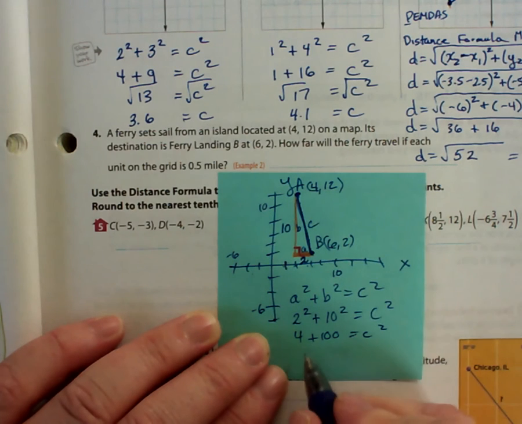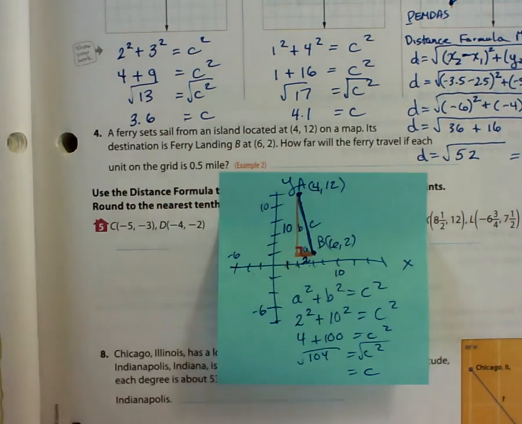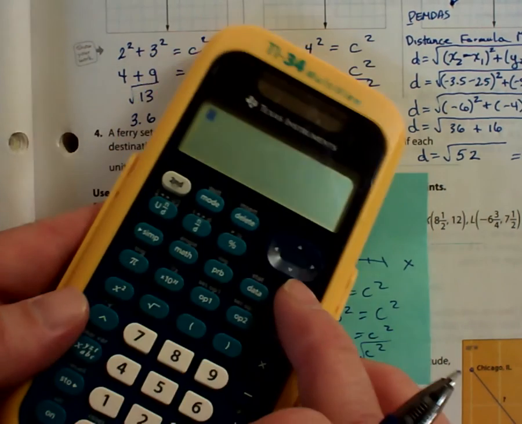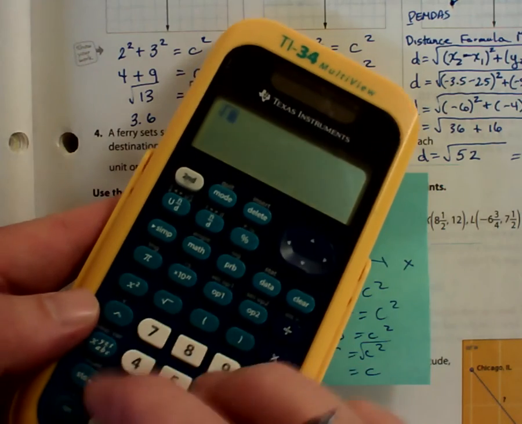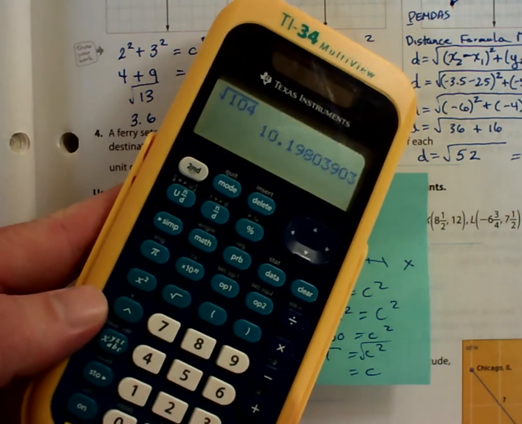This is going to be really close to 10. 104 equals c squared, and I take the square root and I get c equals radical 104, 10.2.